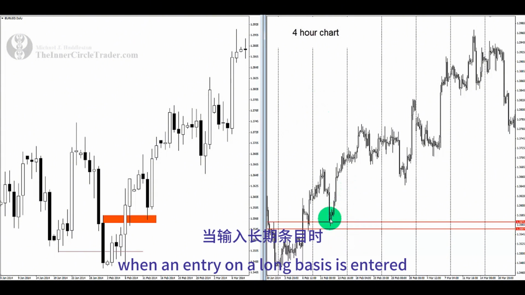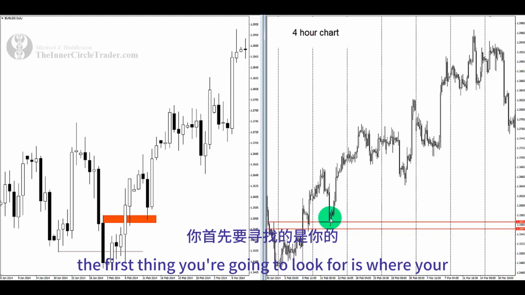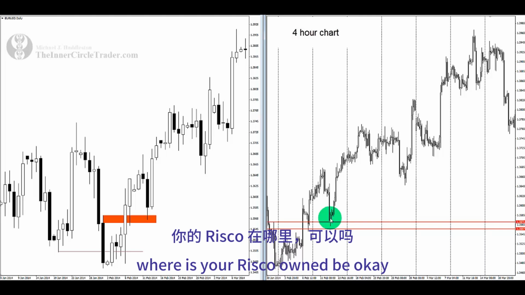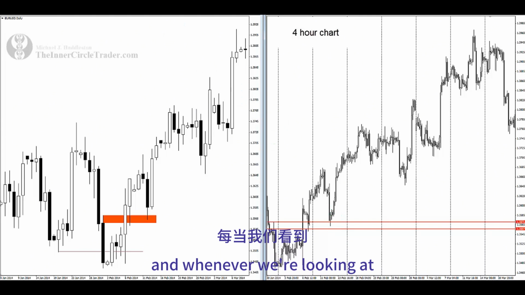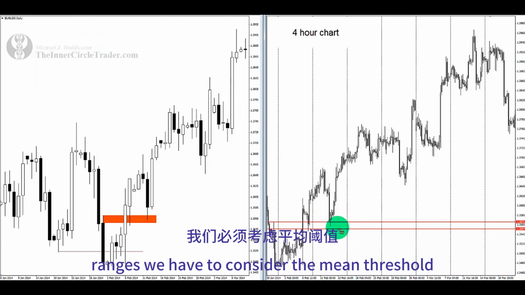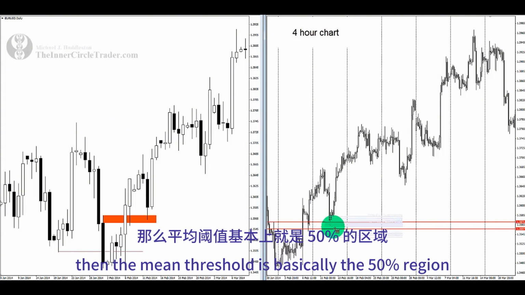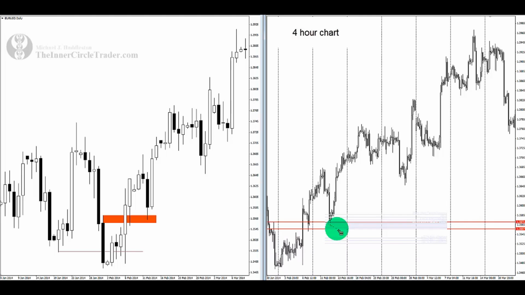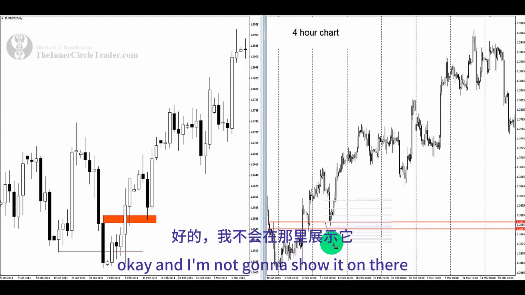When an entry on a long basis is entered, the first thing you look for is where your risk is going to be. Whenever we're looking at ranges, we have to consider the mean threshold, which is basically the 50% region. I'm not going to show it on there.